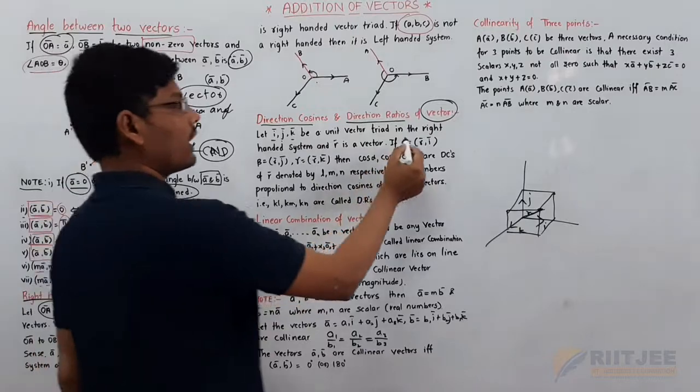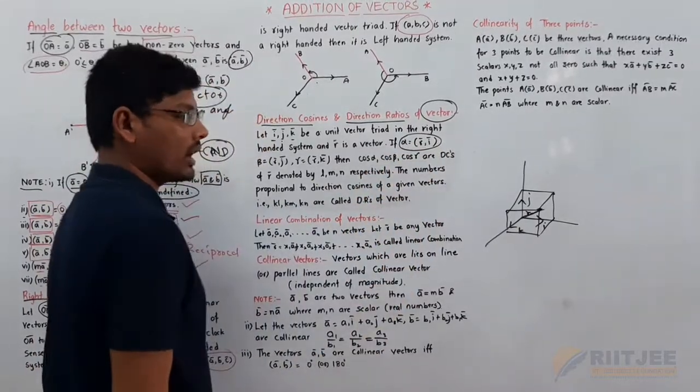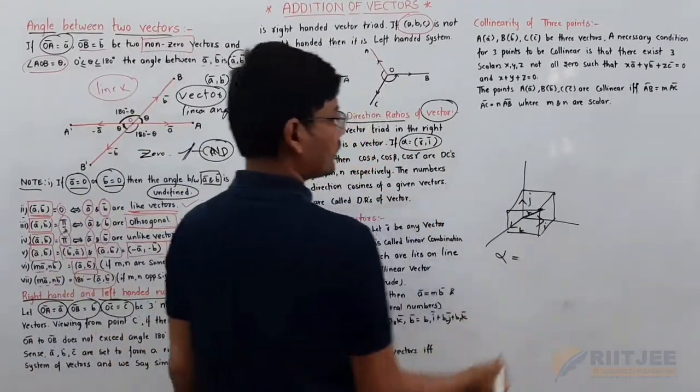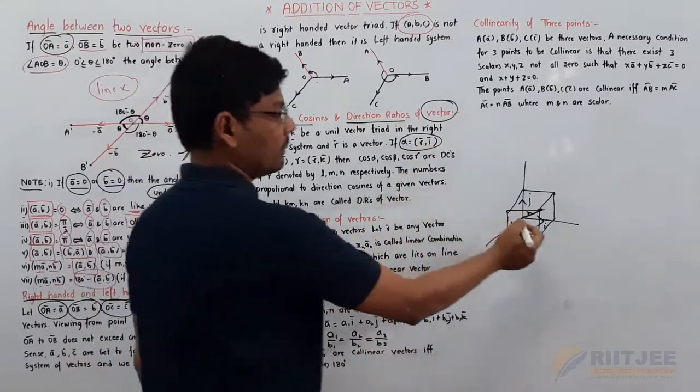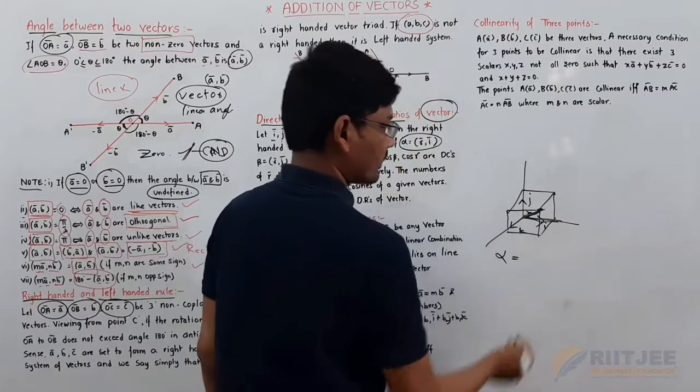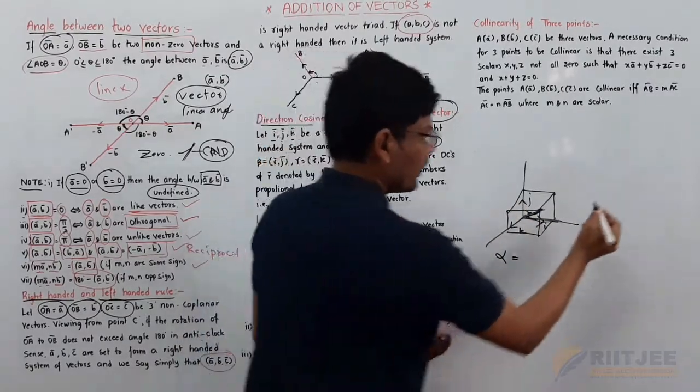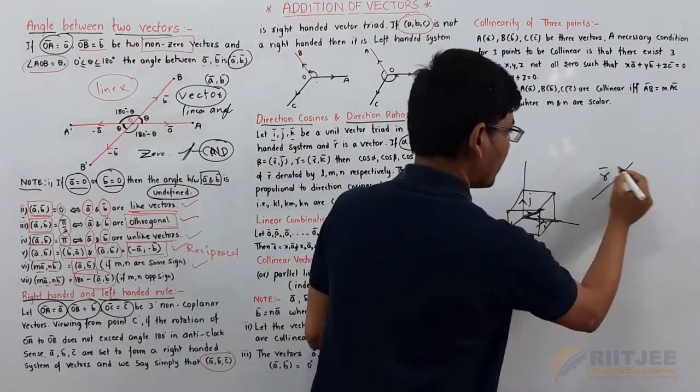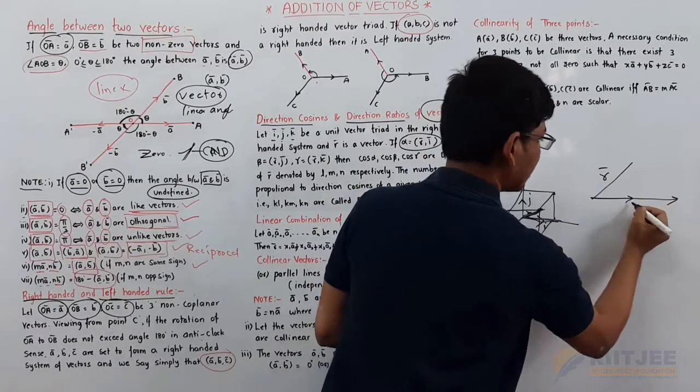So alpha is equal to the angle between r bar and i. This is nothing but the angle between r bar and the x axis, that is i here.